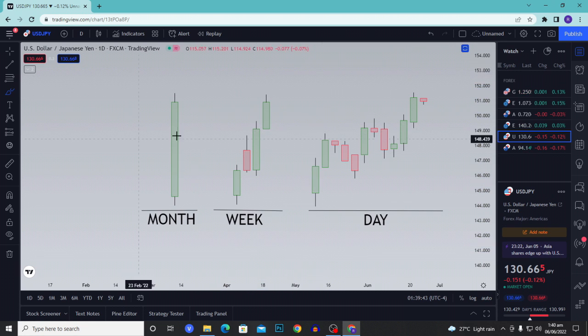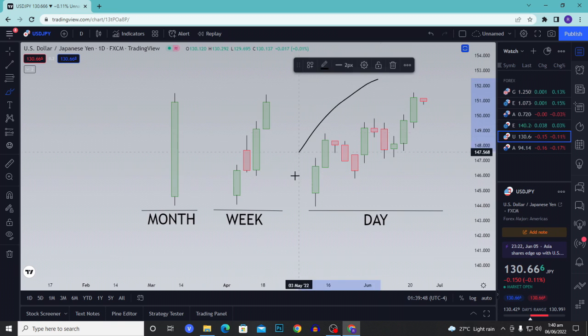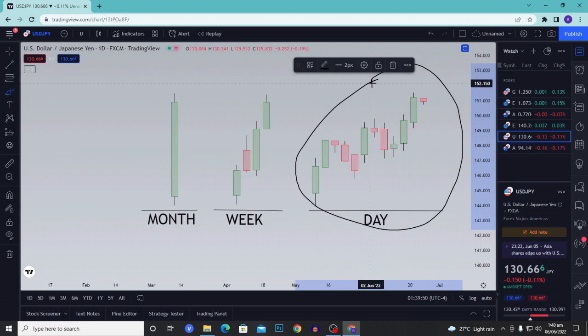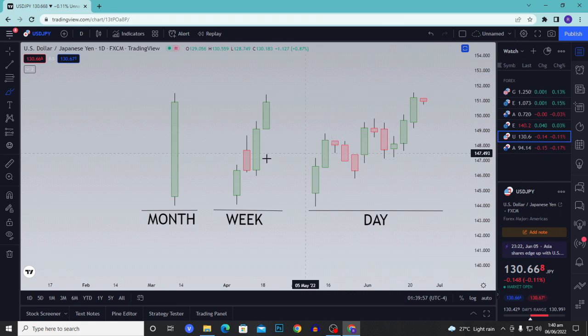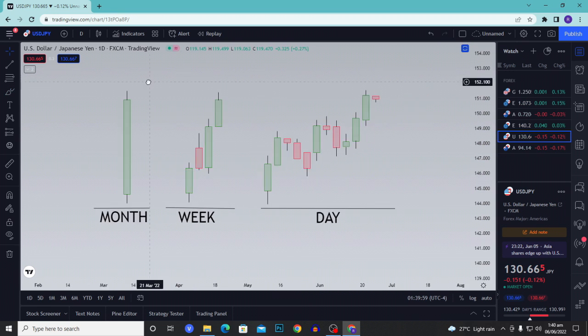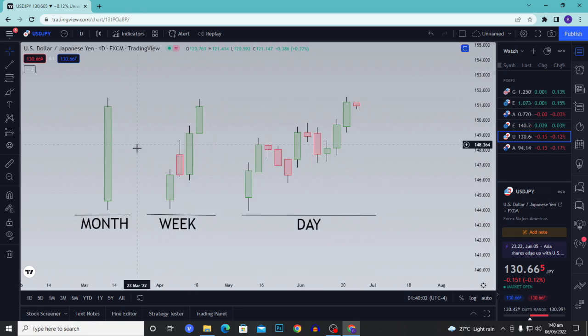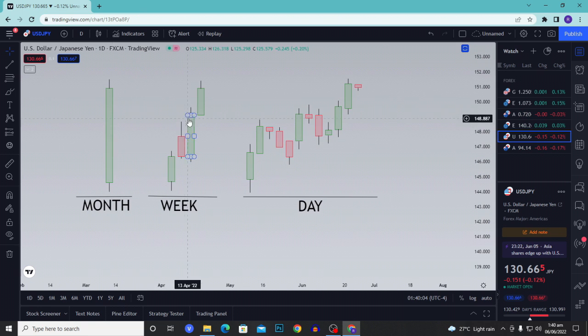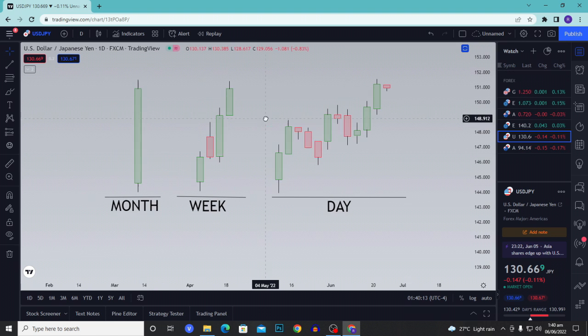And then we have this same monthly candlestick and weekly candlesticks broken down into daily candlesticks, which is a little bit unfinished, but this is the breakdown of the candlesticks. So as you can see here, all of these different candlesticks represent the same thing, even though they might look drastically different.